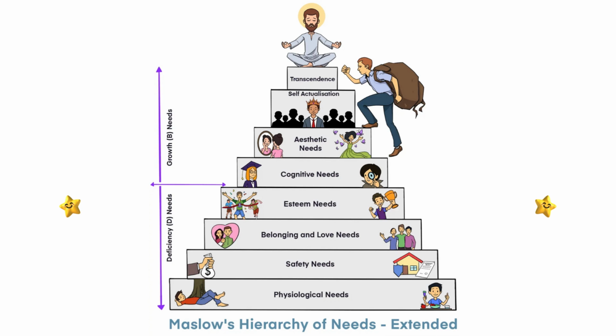How does this relate to marketing? Well, in marketing, we use Maslow's hierarchy of needs to use influence strategies in order to convince people to buy our product or service. So we appeal to what we refer to in marketing terms as their pain points.